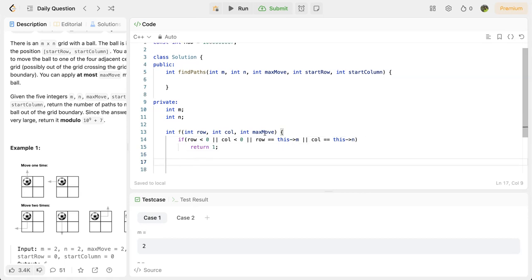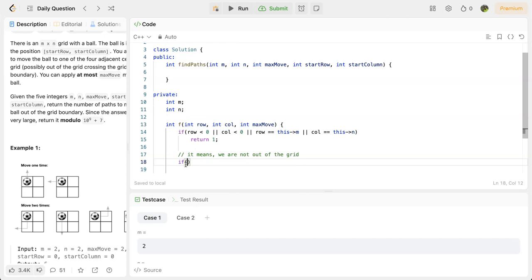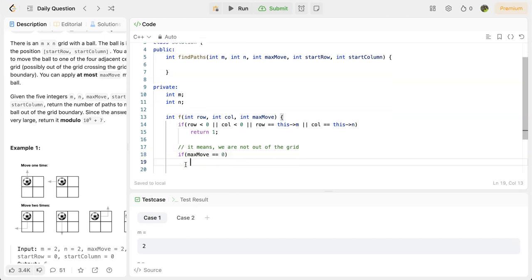The other base case is that we have run out of max moves and we have not still got out of the grid. If we are here at some point in our code, it means we are not out of the grid. So if max move is 0, that means we cannot make any more moves. So return 0. There's no way to go outside of the grid if you don't have any moves left.